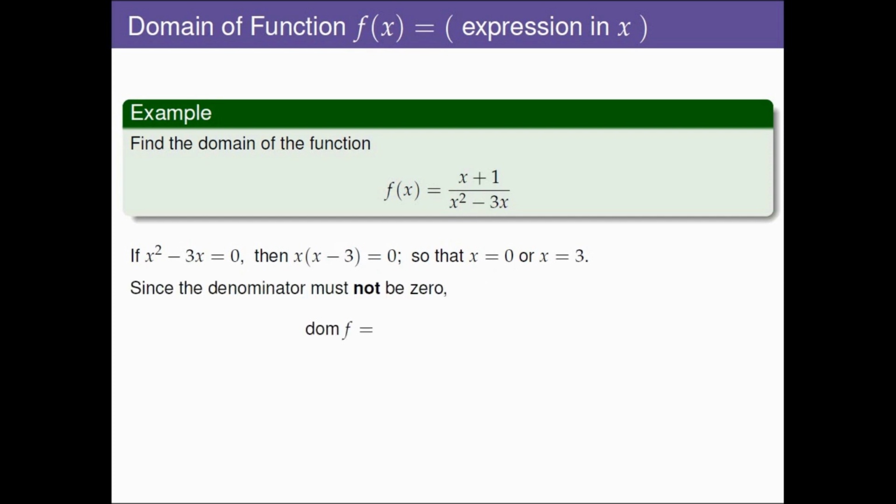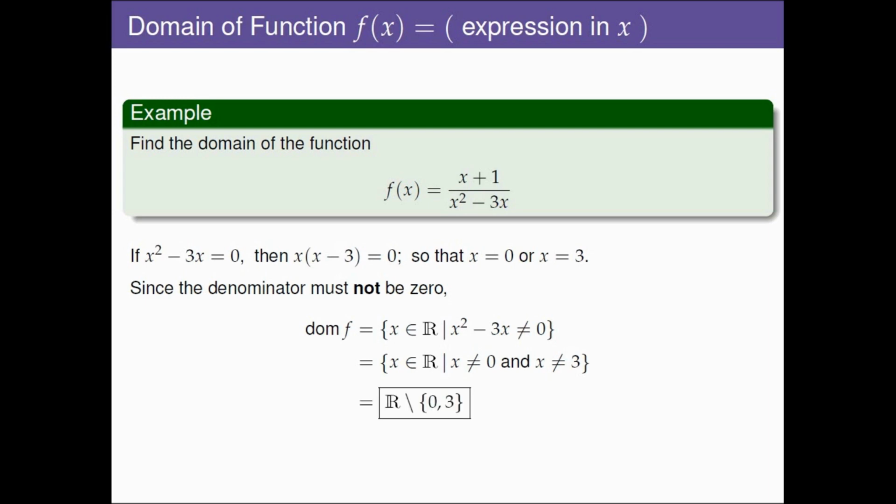Since the denominator must not be 0, the domain of f is the set of real numbers x such that x squared minus 3x is not equal to 0. Since 0 and 3 are the values of x for which the denominator is 0, we can write this set in this form, which is also equal to the set R not including 0 and 3.